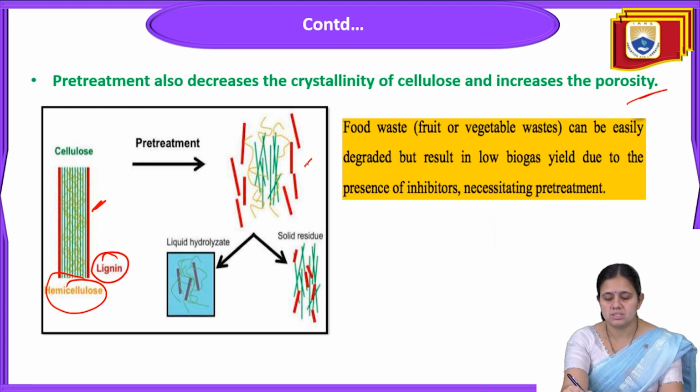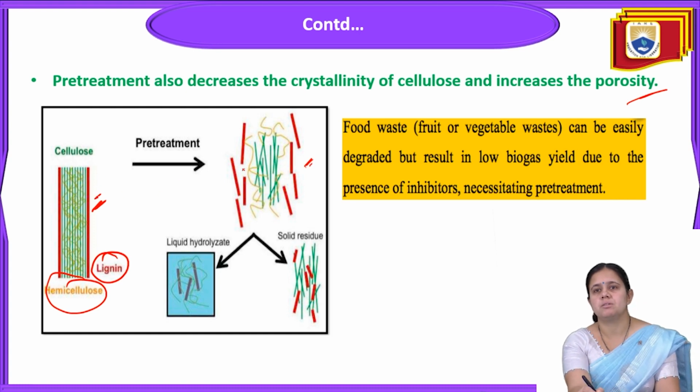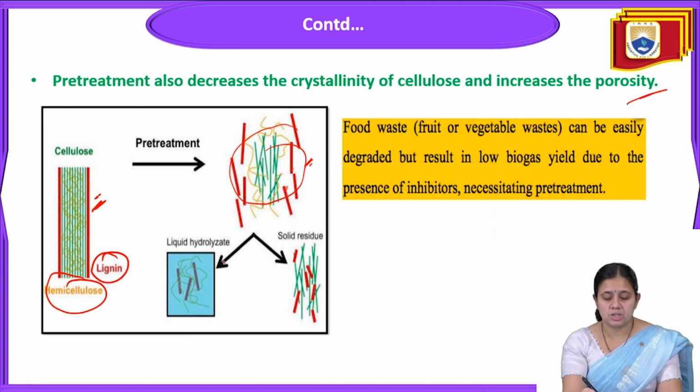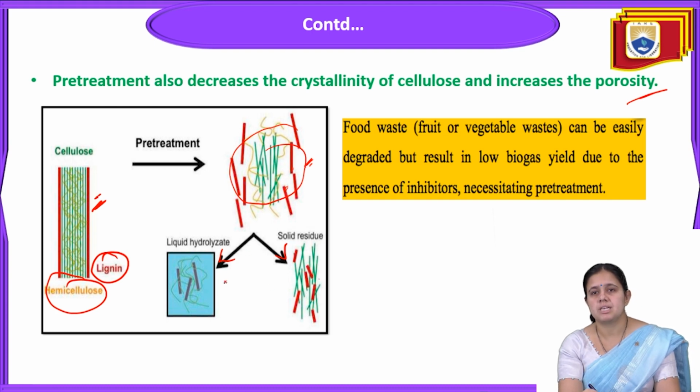Here you can see this structure, and after pretreatment, the structure will break down like this, increasing the porosity. When it breaks down like this, liquid hydrolysate and solid residue will be there. The liquid will be separated and the solid will be separated.